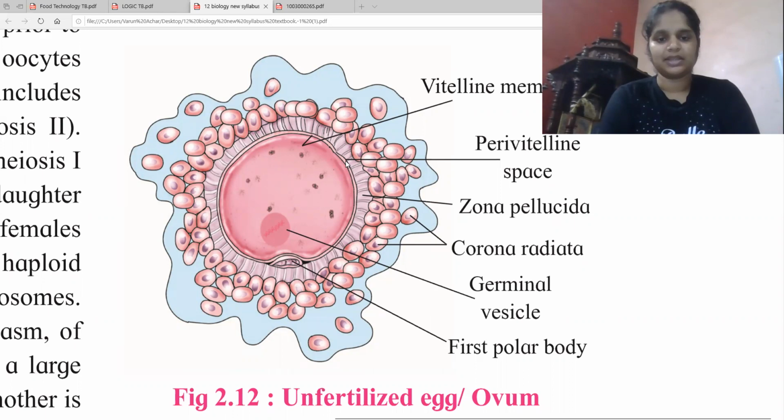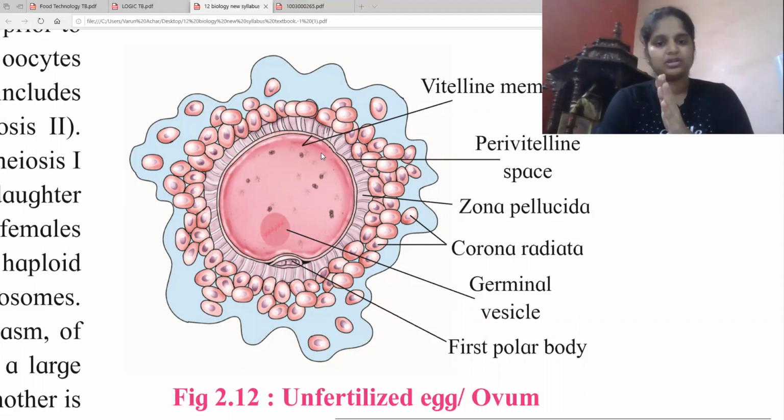Now, starting up, first of all, of any cell that you have in your body, we discuss the outermost structure or the outermost membranes first. So let us discuss the outermost membrane over here. The membranes that you have in this secondary oocyte, or the unfertilized egg, are two in number.